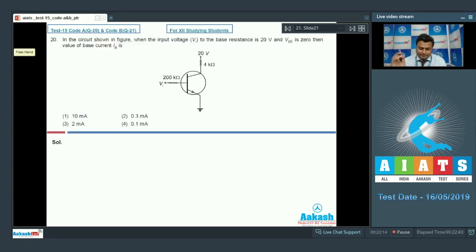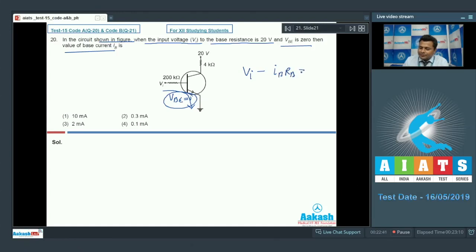Question number 20, everyone. In the circuit shown in the figure, when the input voltage to the base resistance is 20 volt and VBE is 0, then the value of base current will be what? Here VBE is 0 in the question. Now let's apply Kirchhoff's voltage law through this path. We have VI minus IB RB equals 0.